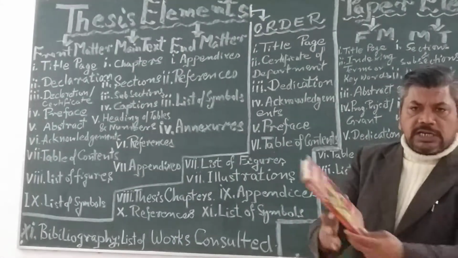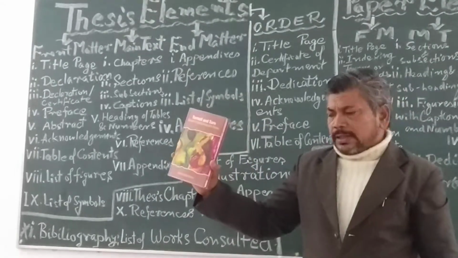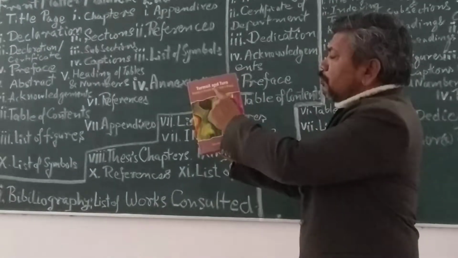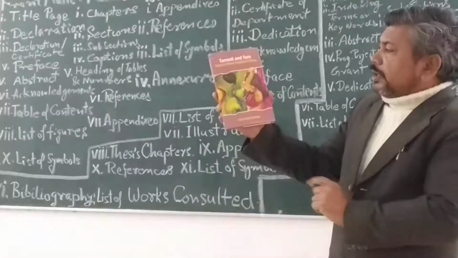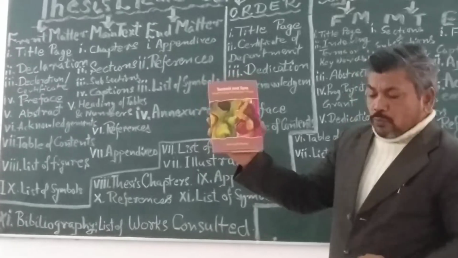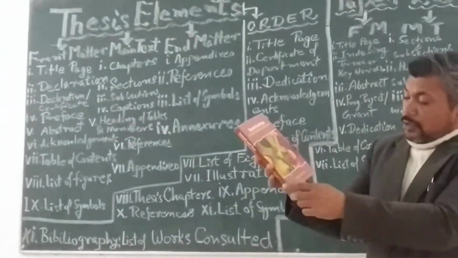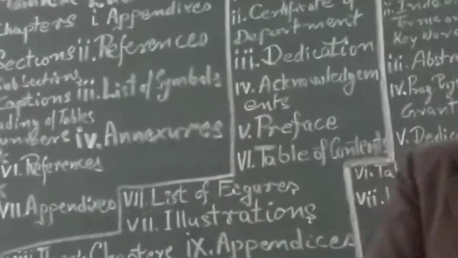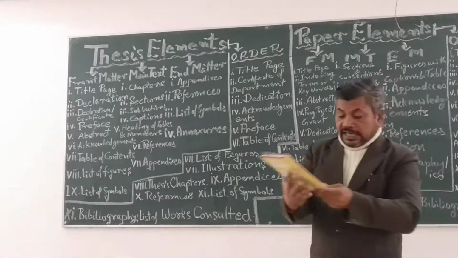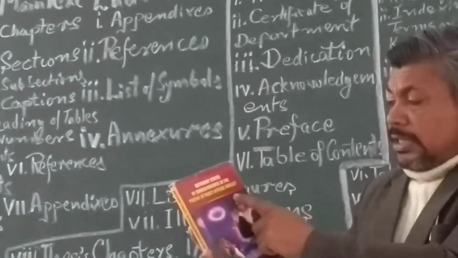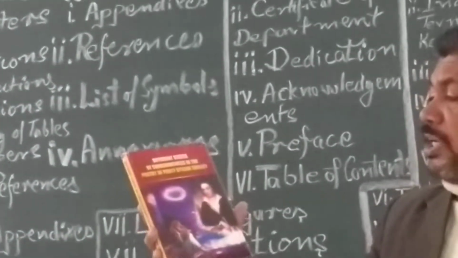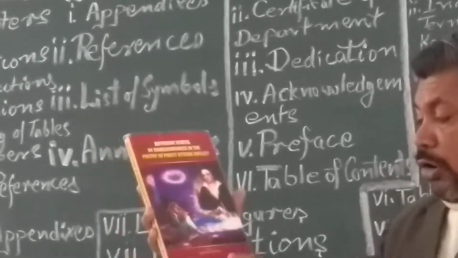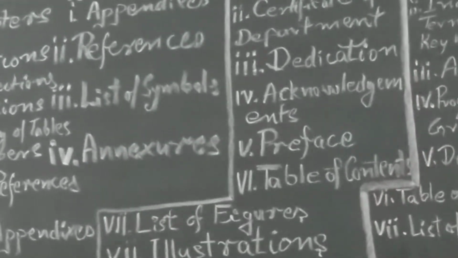As we look at the title pages of these works, they have the exact title, Turmoil and Turn, Women in Shashi Deshpande's Novels, and one thesis has on the title page the researcher's name. Another work has the title, Different States of Consciousness in the Poetry of P.B. Shelley, and the name of the author.